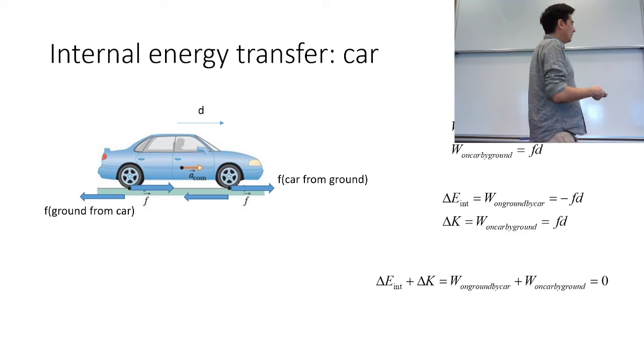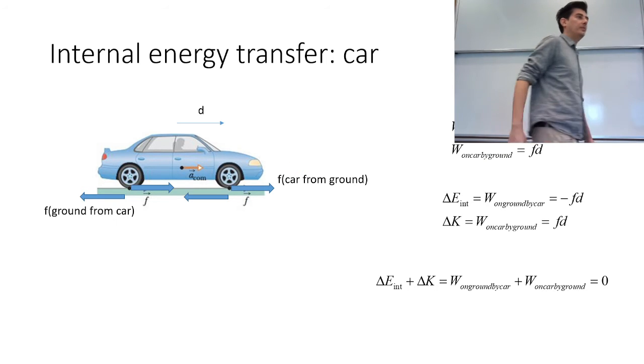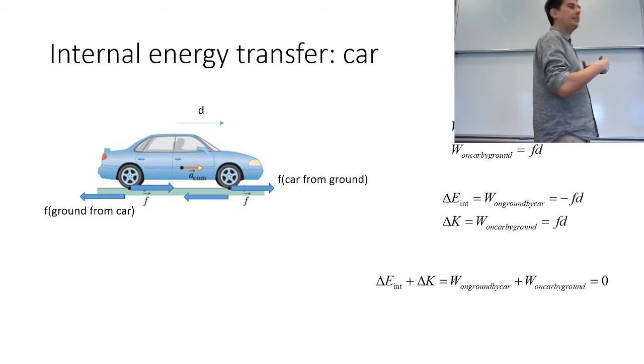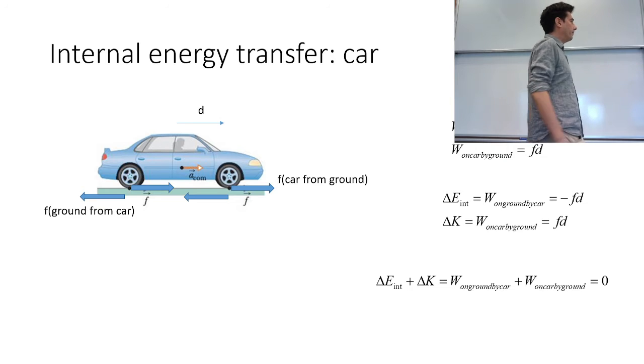So there are two forces here. This is the force on the ground by the car, going backwards. And according to Newton's third law, there's a force on the car from the ground going forwards, right? Those are in opposite directions, but the car is going to go forward by d.